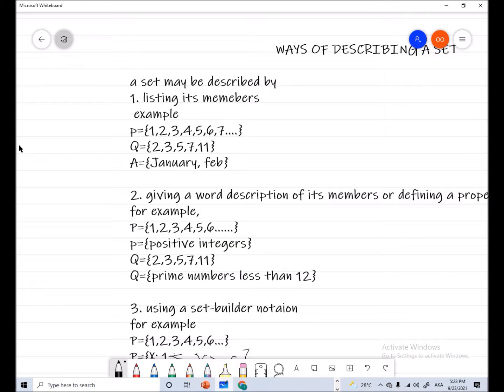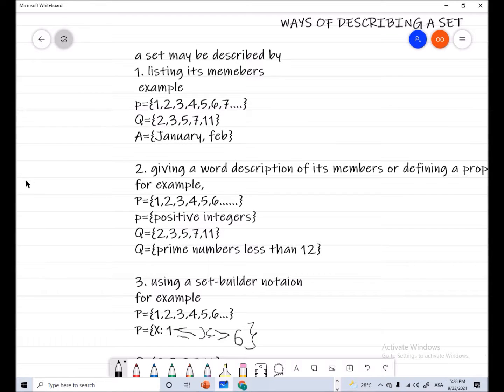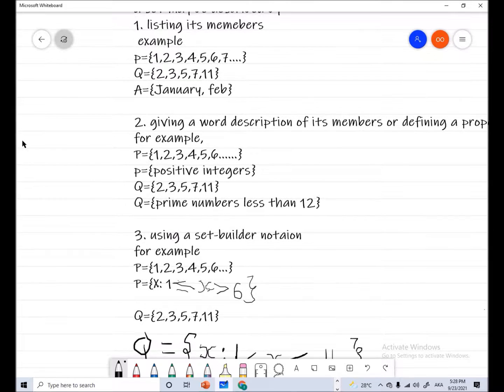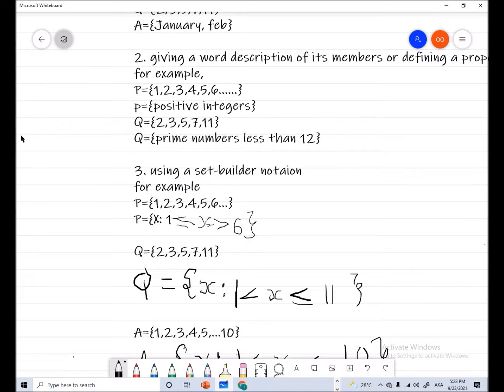We said that the first is listing its members, and we looked at examples under them. The second is giving a word description, and the third is using a set builder notation. You can go back and watch if you are new.